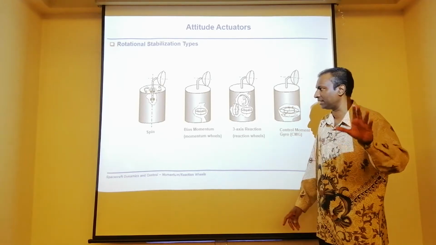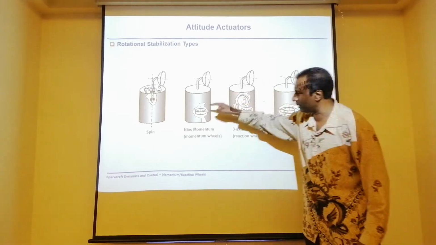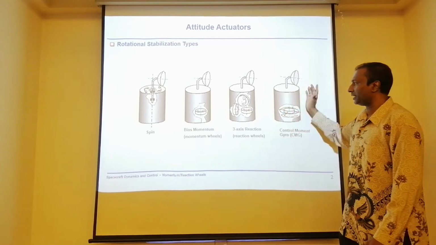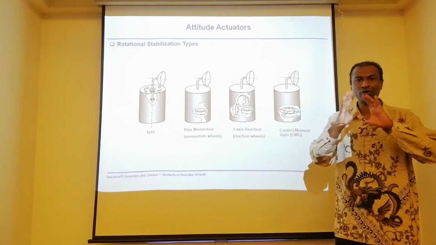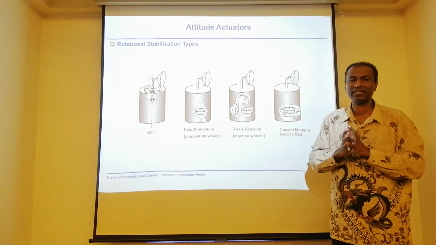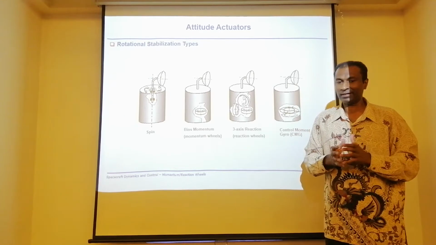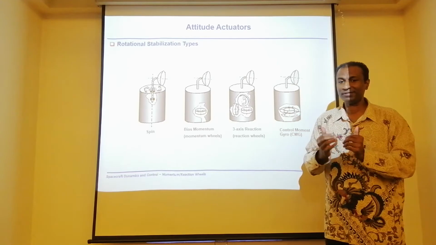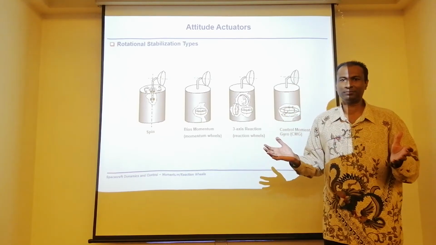Now that's one thing. Second thing, please do understand, when you have already put the wheel inside the rigid body, the outside volume can be different. That is the reason the older satellites in the 1960s, 1970s, you see most of the satellites are cylindrical. But now you have seen most of the satellites are more often than not cubical.